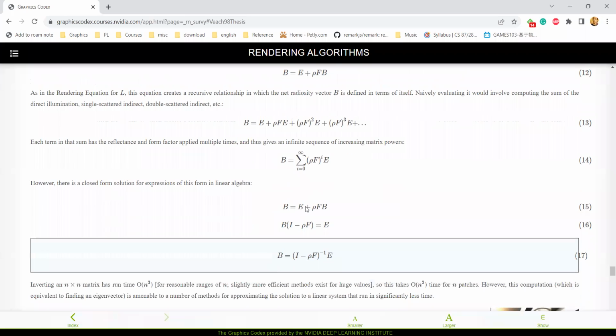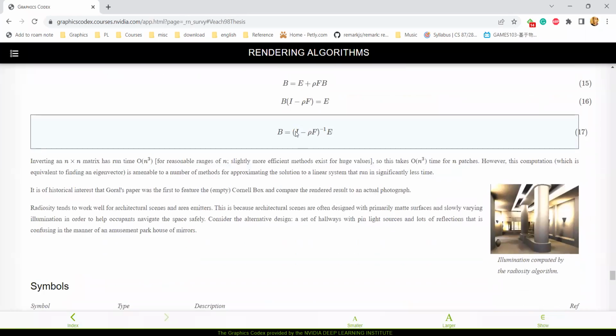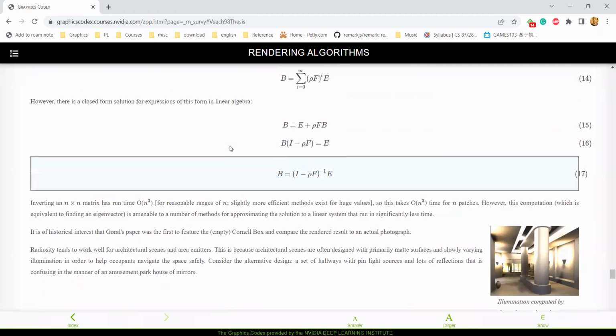B is equal to E plus... But yeah, inverting a matrix is costly.